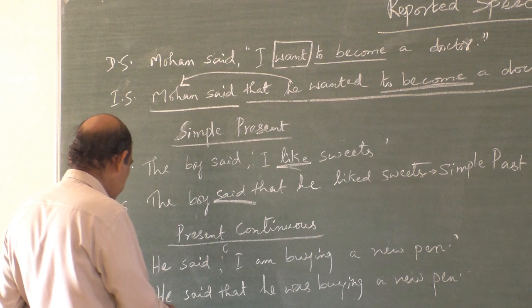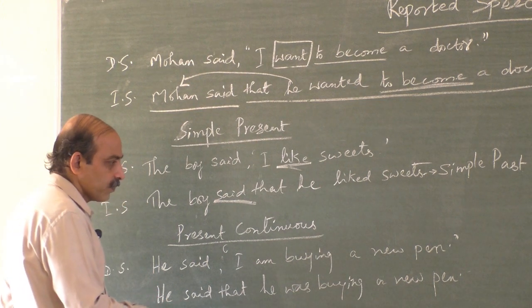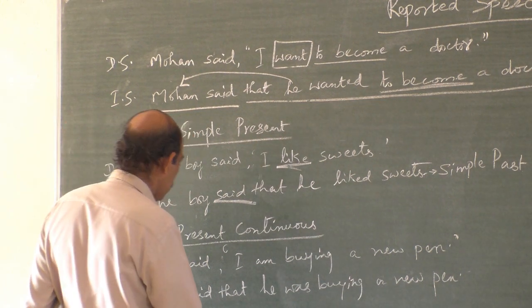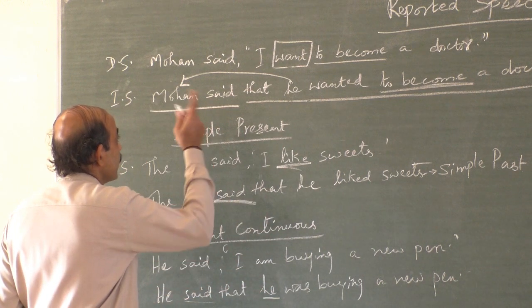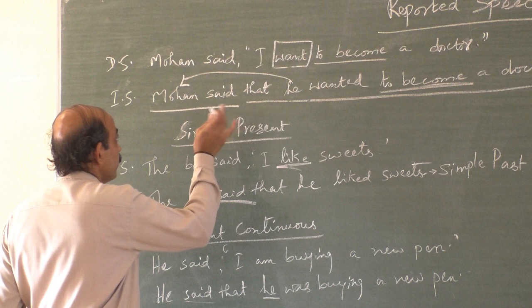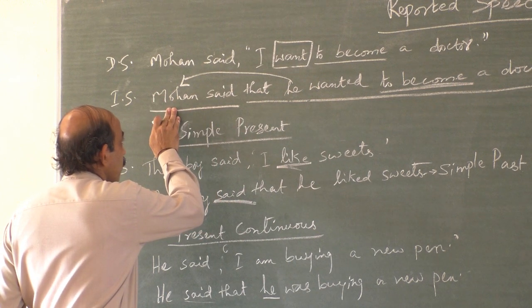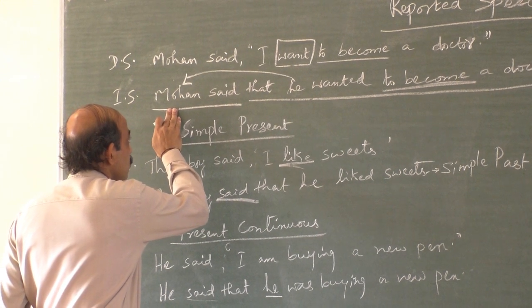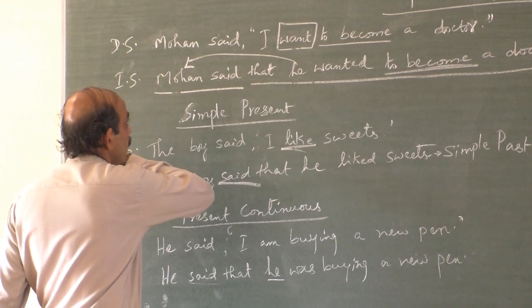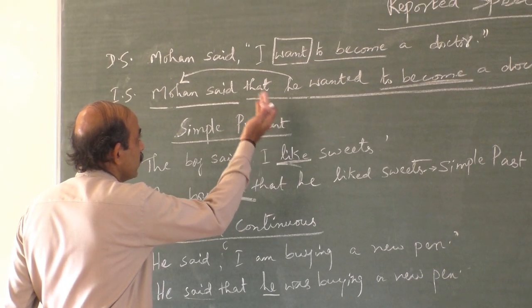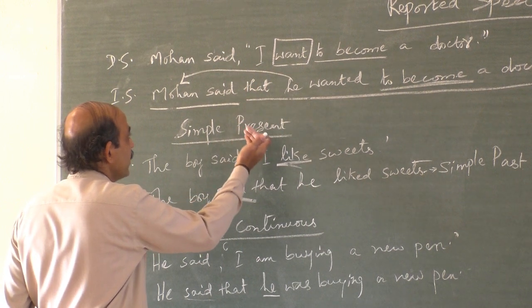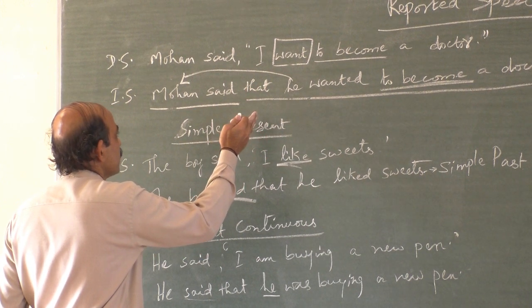The same has been reported: He said that he was buying a new pen. Once again, as I have already told in the example, there is a connection between the main clause, the first part of the direct speech, and the second part, where the same has been changed to reported speech.